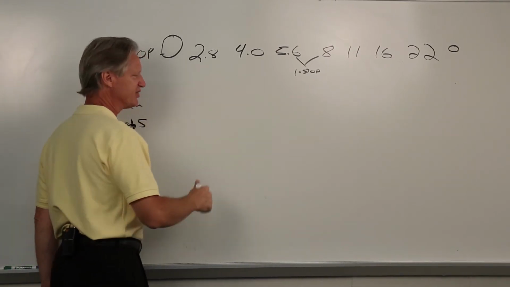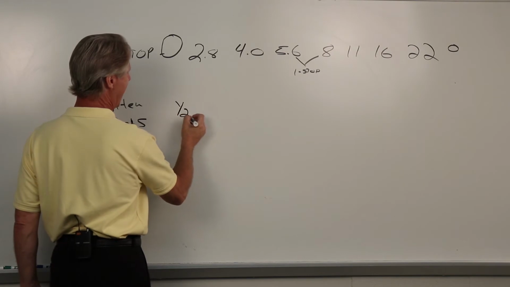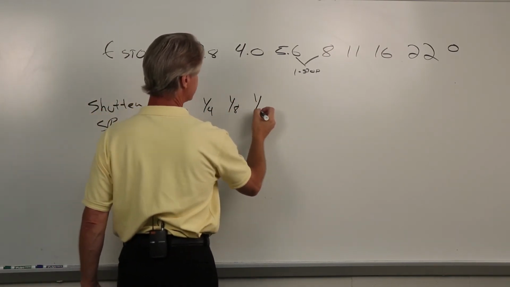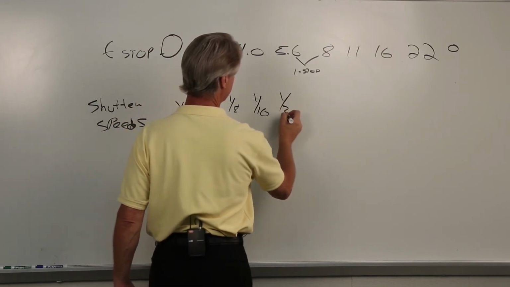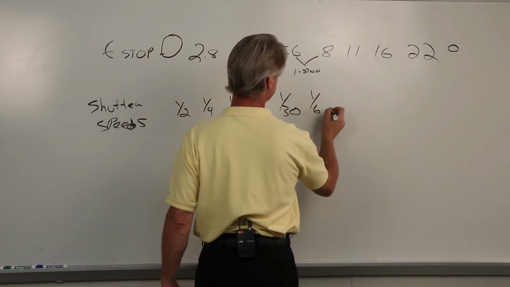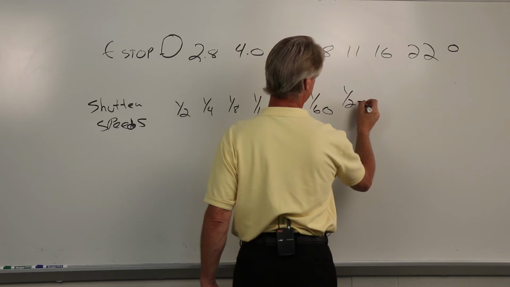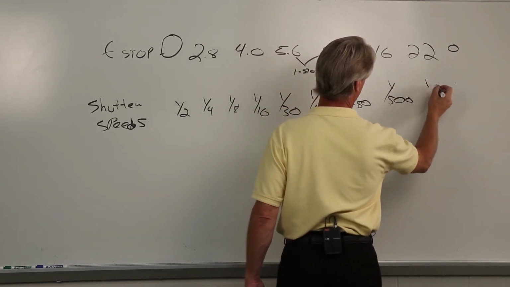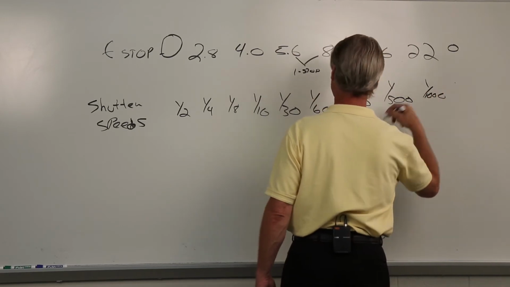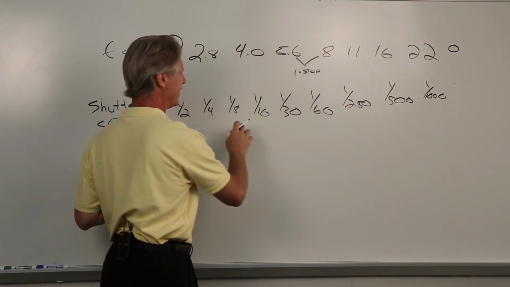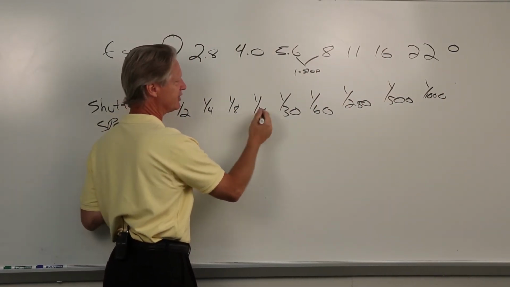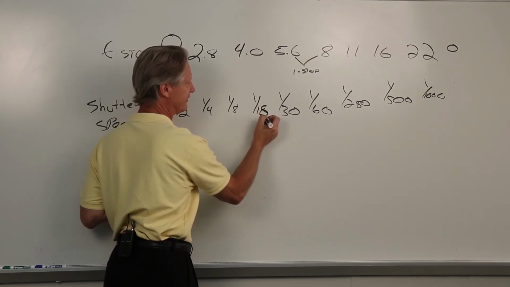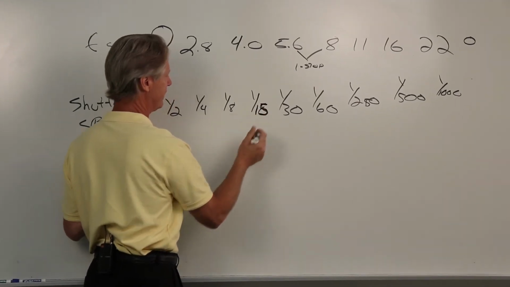And these are expressed in fractions: 1/2, 1/4, 1/8, 1/16, 1/30, 1/60, 1/125, 1/250, 1/500, and 1/1000. Now actually on the camera, I did this so you could see, actually in the camera, this is expressed as 1/15th of a second, not 1/16th.